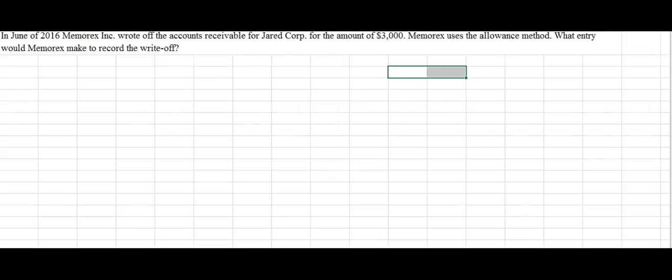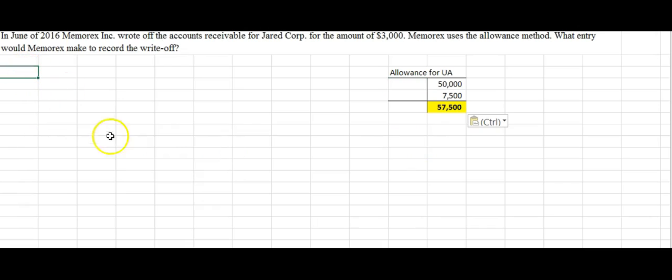So you had already reserved for the receivable that Jarrett isn't going to pay. So instead of expensing it, you're just going to use your reserve. You're going to take it out of here, allowance for uncollectible accounts. You're going to take it out of here, 3,000, and you're going to go ahead and close Jarrett's receivable.